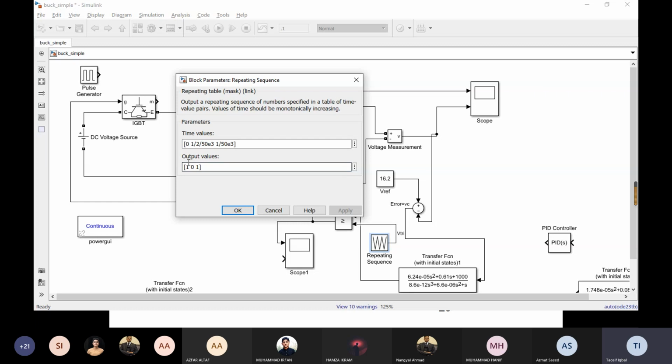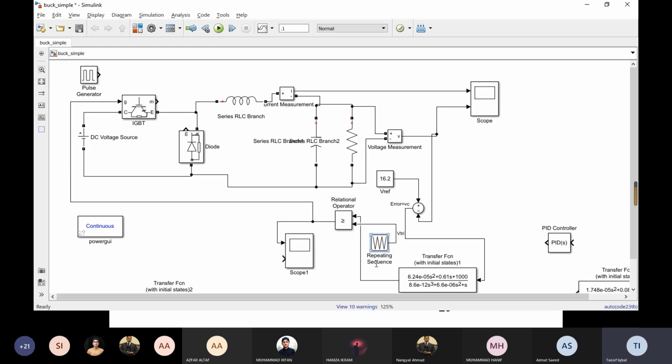The output values with respect to the time: at 0 we have 1, at half of the cycle we have 0, and at the end of the cycle we have again 1. This sequence repeats again and again, and it is compared with the error signal, the control voltage that is generated by the PID controller or a control output.